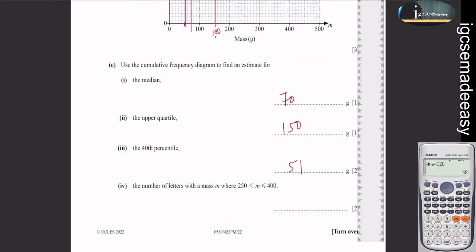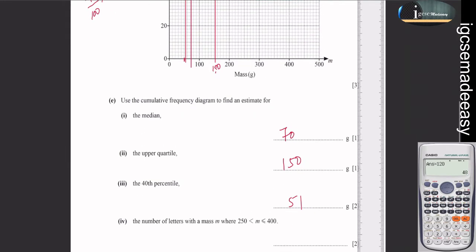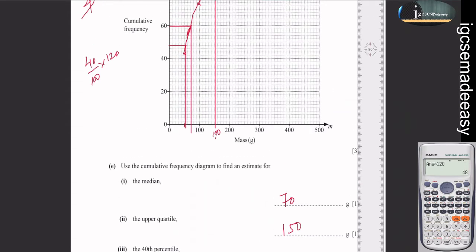In this case, you have to be a little bit careful because it is not exactly 51. One box does not say 5 units, one box says 10 units, so it may be more than that also. This box indicates 10, right?